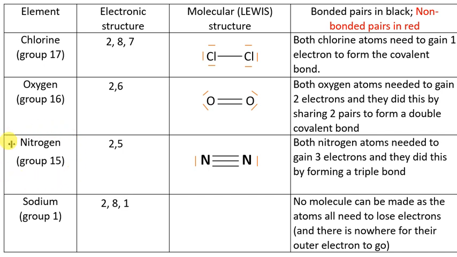Nitrogen, group 15, electronic configuration 2,5, 5 outer electrons. 3 electrons need to be gained to give a full, stable outer shell of 8. Both nitrogen atoms needed to gain 3 electrons, and they did this by forming a triple bond.